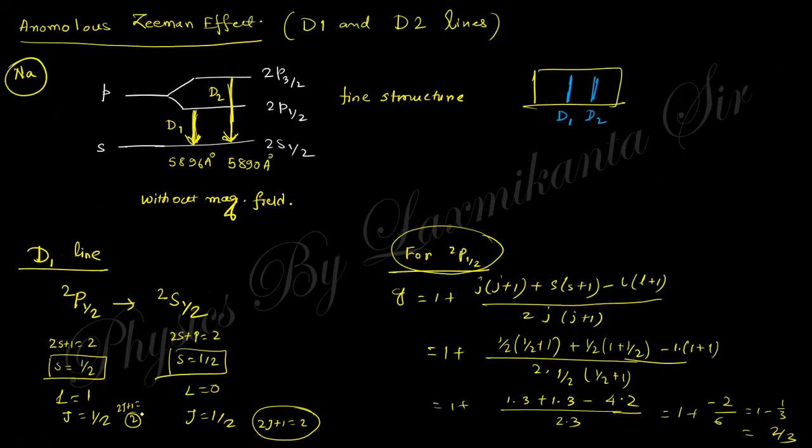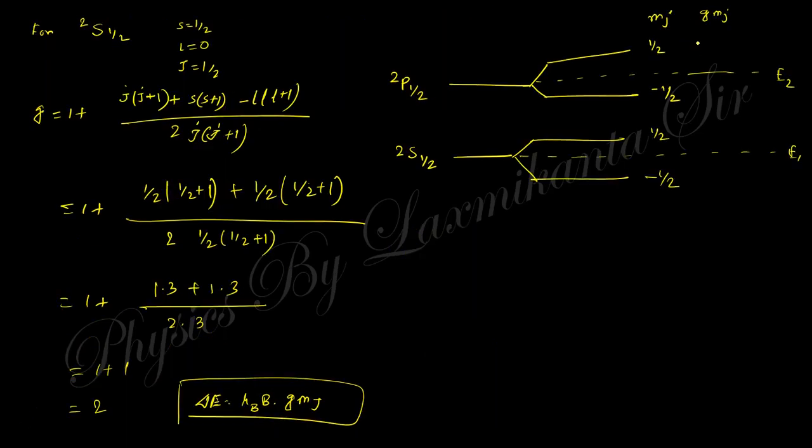For P, the g value is 2/3. If you multiply 2/3 into half, you get 1/3, and similarly minus 1/3. And for this one the value of g is 2, so g into mj is 1 and minus 1. Clear? So what is the value of delta E?